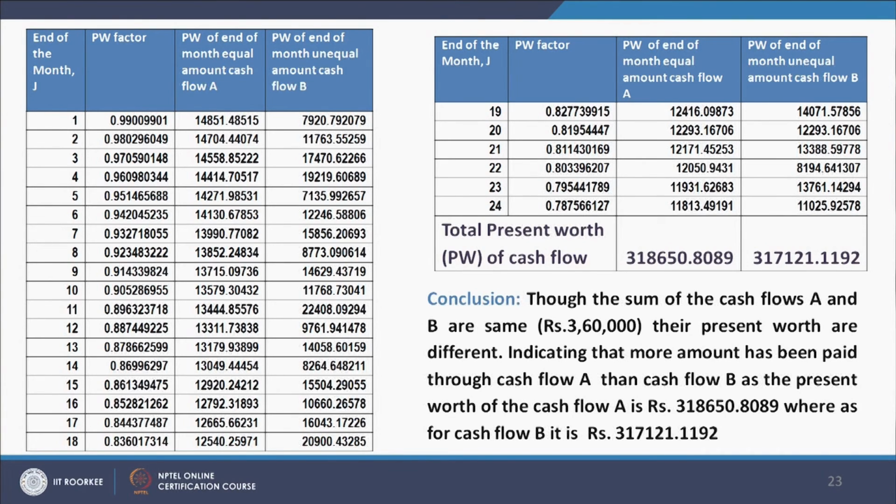Though the sum of cash flows A and B is the same, that is 3,60,000, their present worths are different, indicating that more amount has been paid through cash flow A than cash flow B. That means I am paying more in cash flow A than cash flow B, as the present worth of cash flow A is 3,18,650.8089, whereas that of cash flow B is 3,17,121.1192. This is the conclusion we draw out of it.